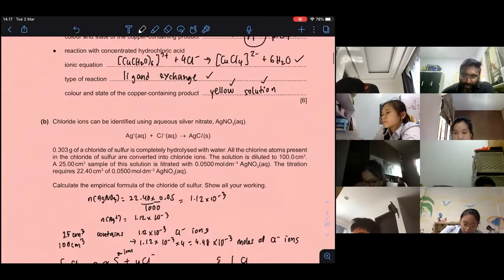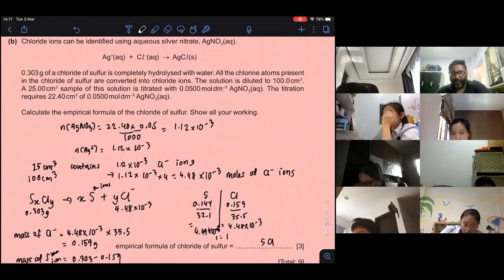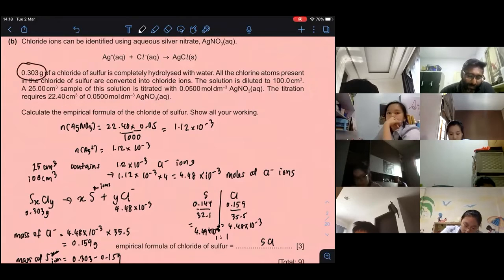Now next is going to be this one, chloride ions can be identified using aqueous silver nitrate. So they have given you a question where you need to do calculation. If you read through this question, they started with this amount of this chloride of sulfur, and then all the chlorine atoms present in the chloride of the sulfur are converted into chloride ions.